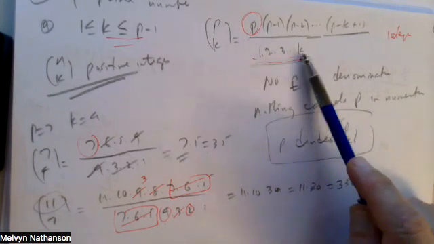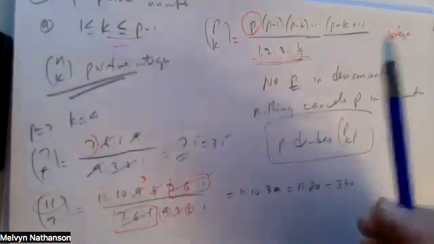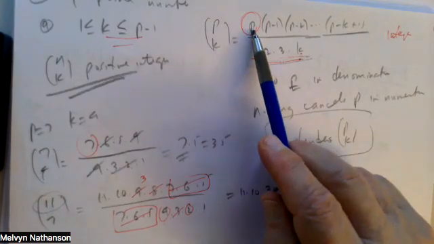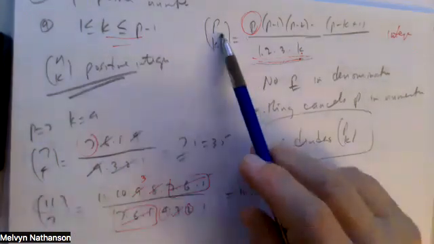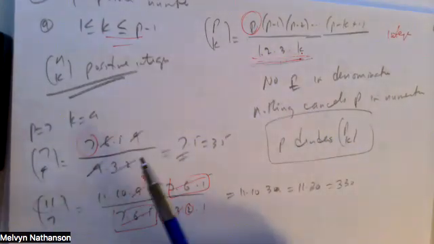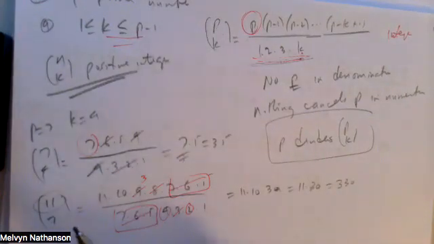So these are numbers less than P. K is less than P. It's at most P minus 1. So there's no P down here. There's nothing to cancel the P when you do your cancellations. Because P is a prime. It's not a product of two smaller numbers. There's no P in the denominator to cancel that.